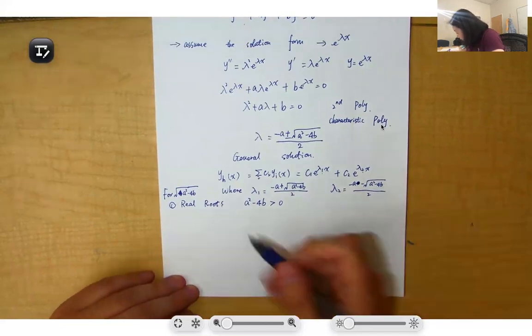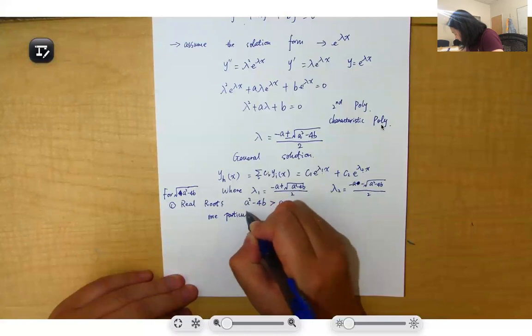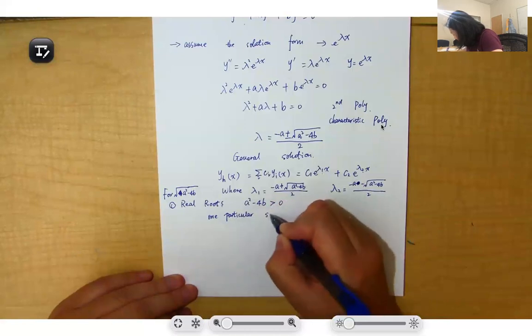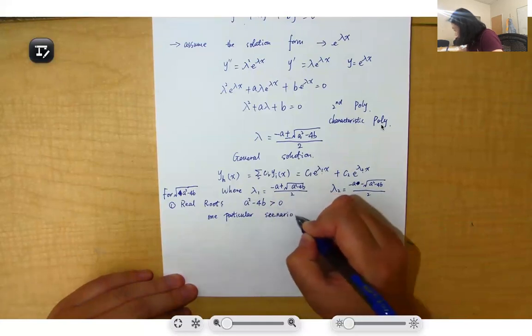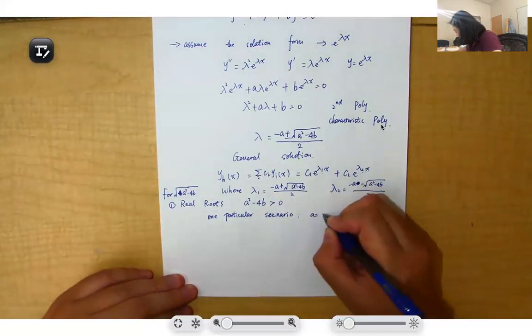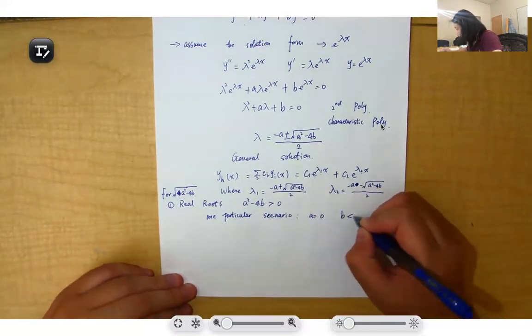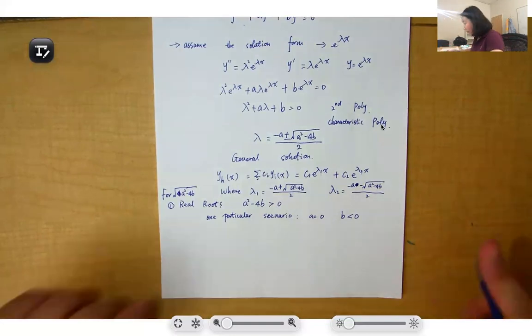One particular scenario you can think about is a equals 0 and b smaller than 0. This is just one particular scenario; there can be many other scenarios. It's like a squared has to be over 4b, right?